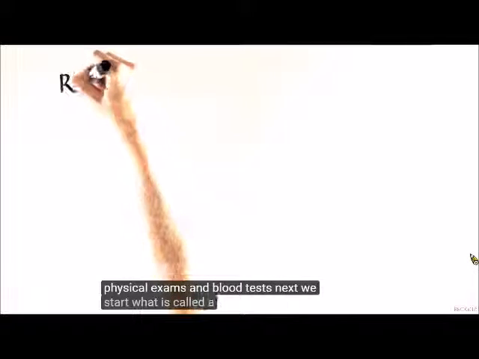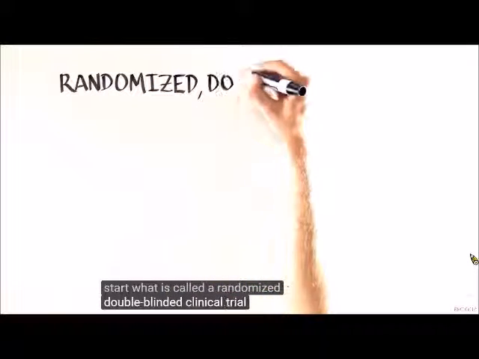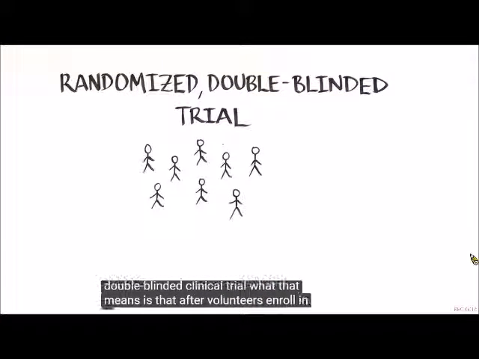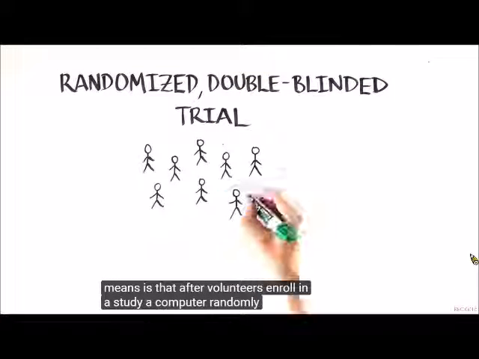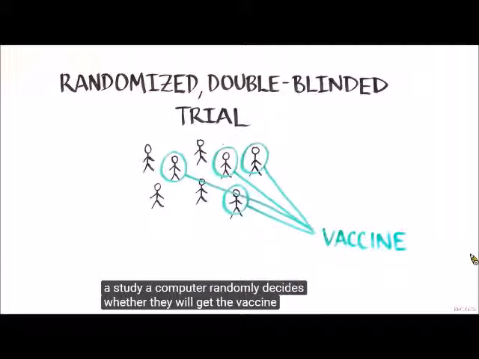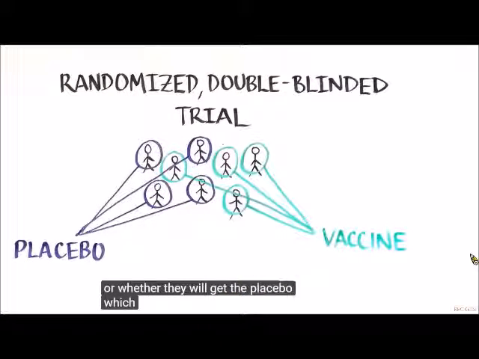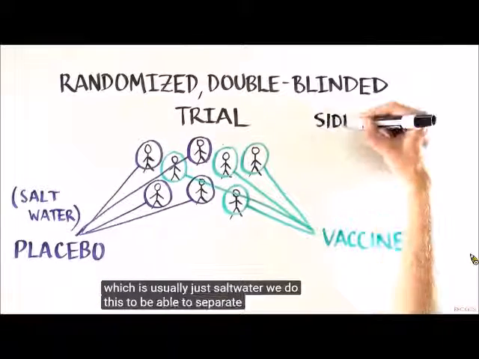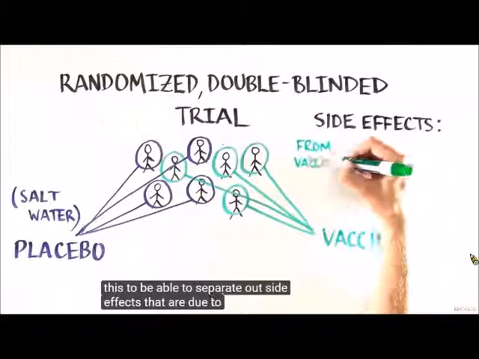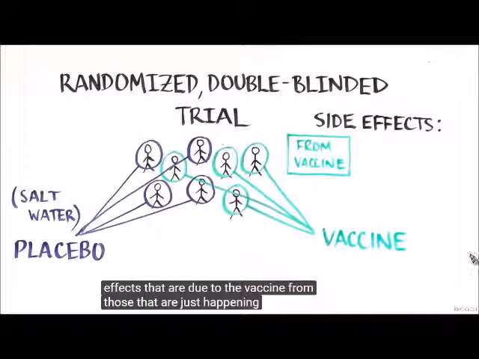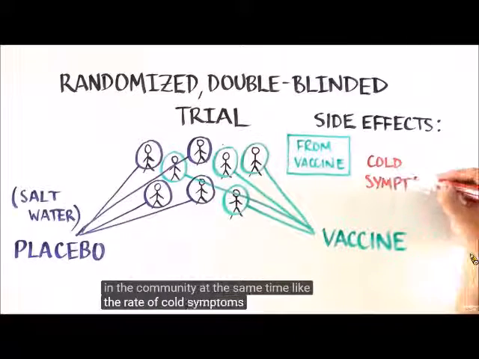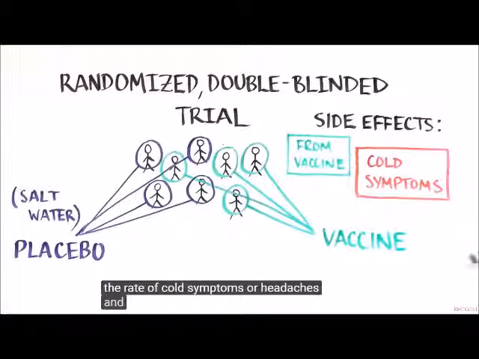Next, we start what is called a randomized, double-blinded clinical trial. What that means is that after volunteers enroll in a study, a computer randomly decides whether they will get the vaccine or whether they will get the placebo, which is usually just called fodder. We do this to be able to separate out side effects that are due to the vaccine from those that are just happening to people in the community at the same time, like the rate of cold symptoms or headaches.